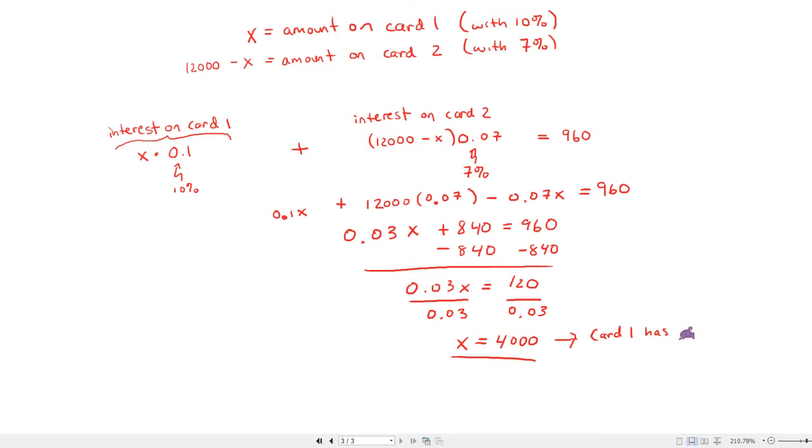Just be clear when you're labeling these things. So card 1 has the 4,000. And card 2 has 12,000 minus this, so that's 8,000. And that's our answer.